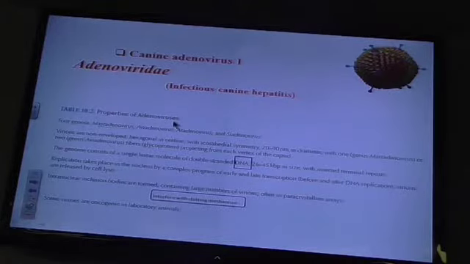Now, if we look at the other species, obviously it affects several species. But in larger animals, usually the disease is asymptomatic. It's only in smaller animals, and particularly non-mammals, where the disease can be severe, in addition, obviously, to dogs in mammals.